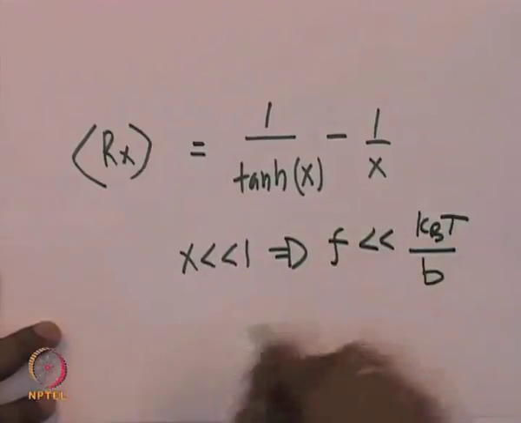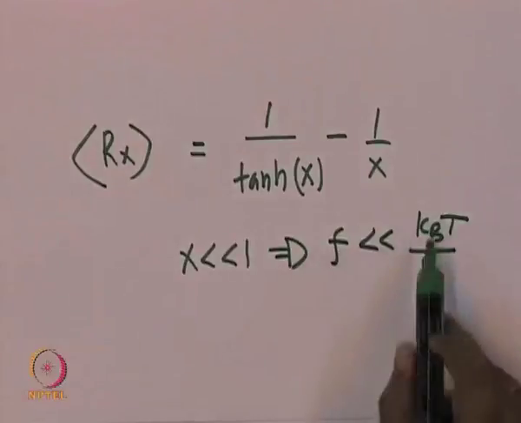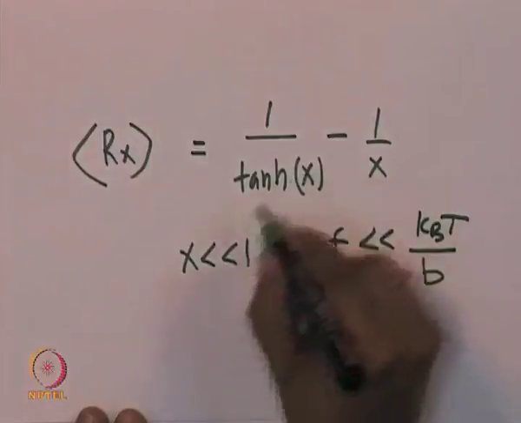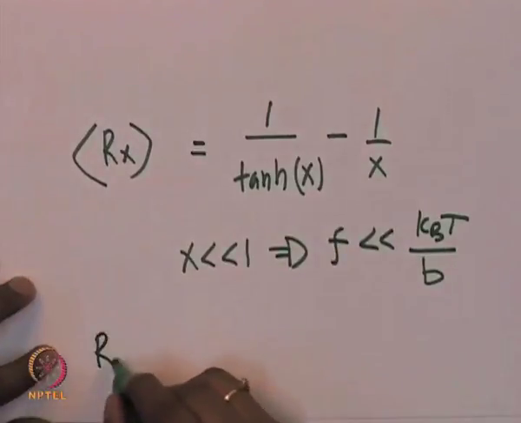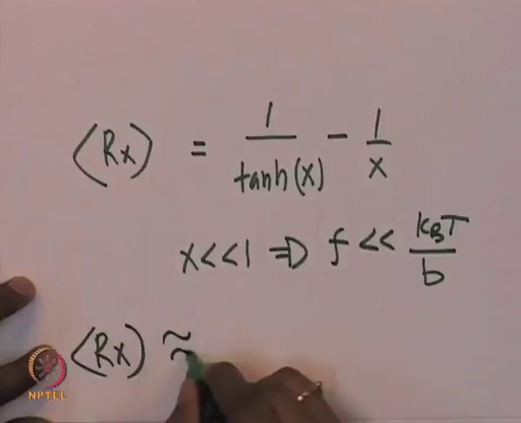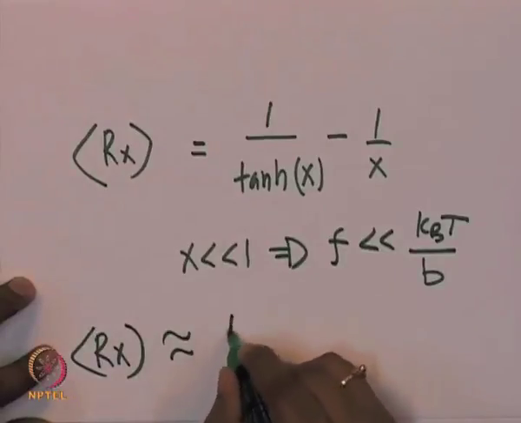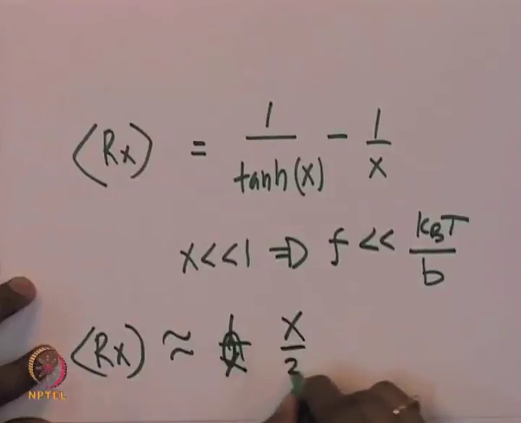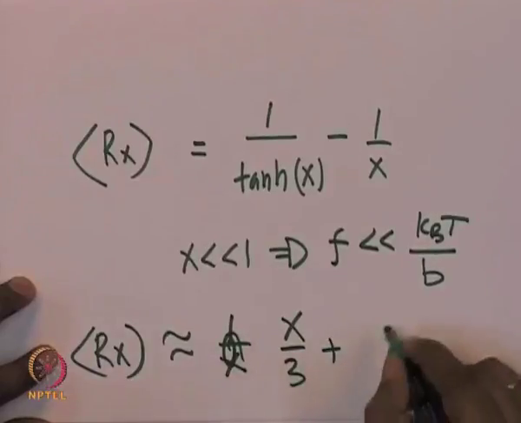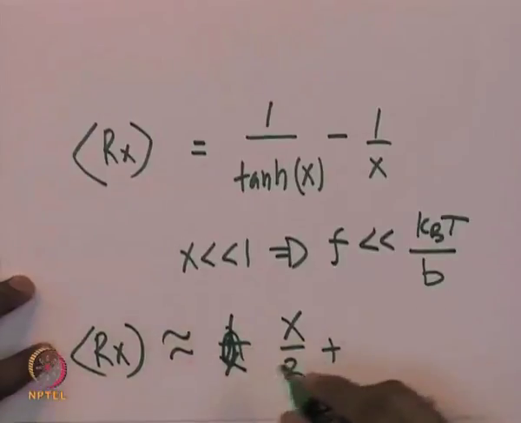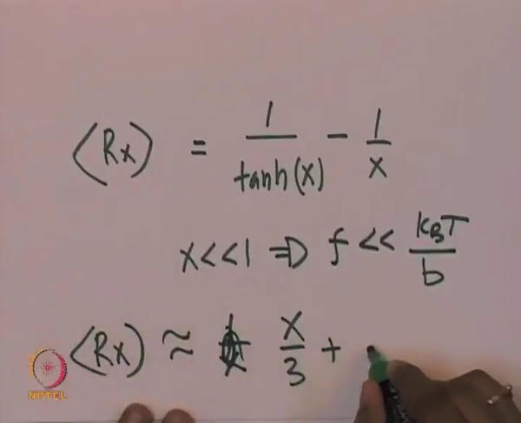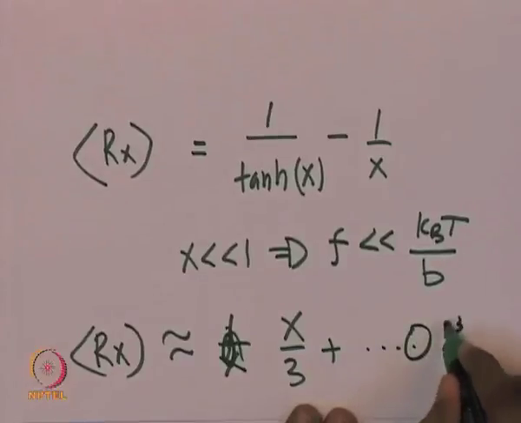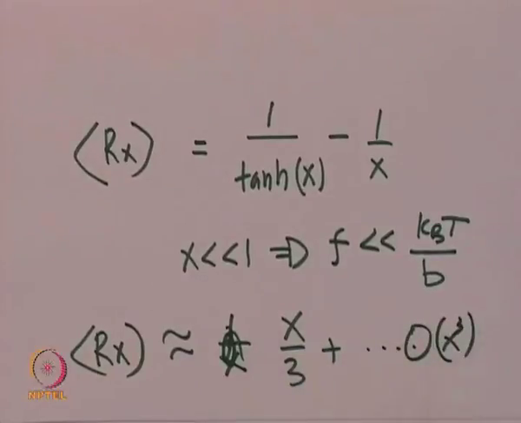If you apply a very small force, f much less than k_B T by b, that is x much less than 1, this will turn out to be R_x average approximately equal to x by 3 plus something of x cube for small x, plus dot dot dot. There will be some quantity of the order of x cube.